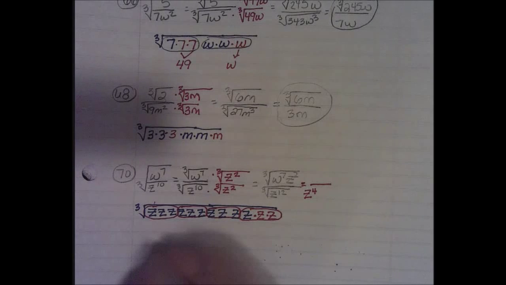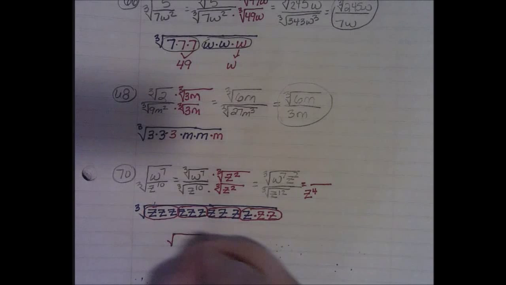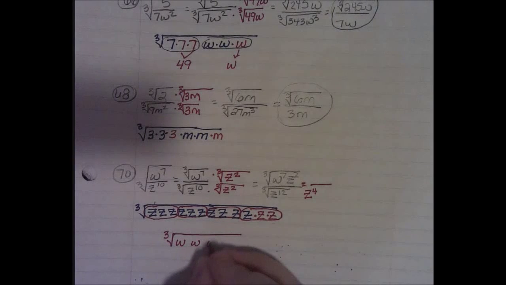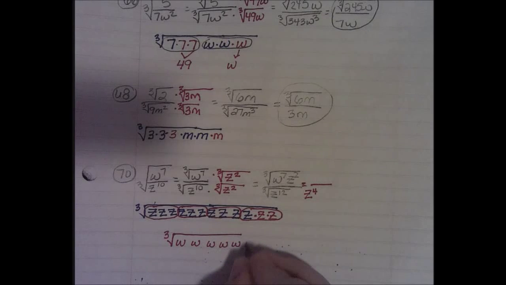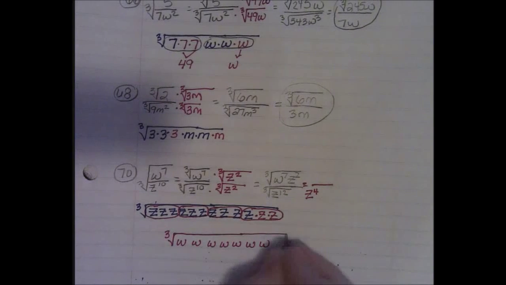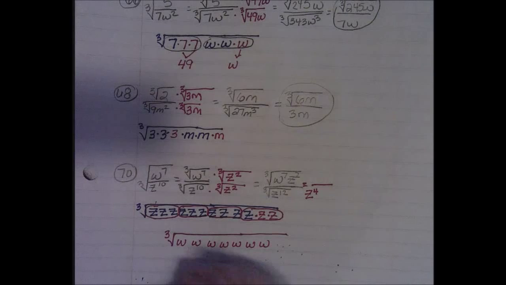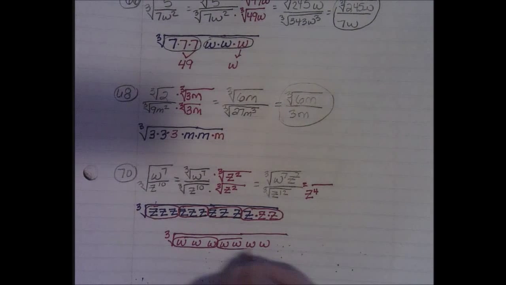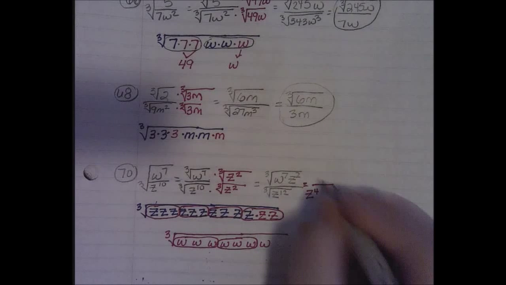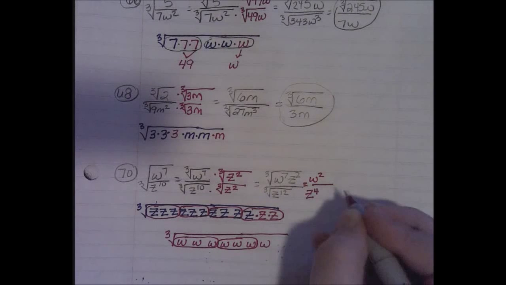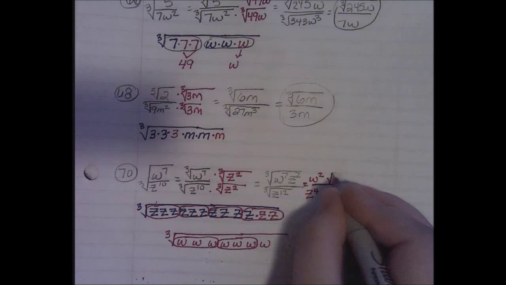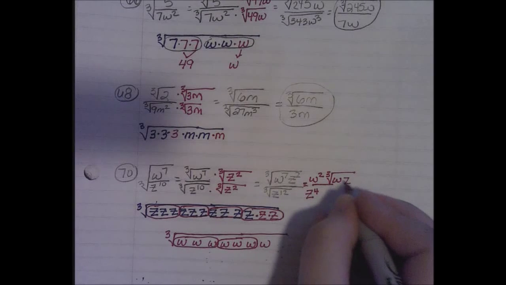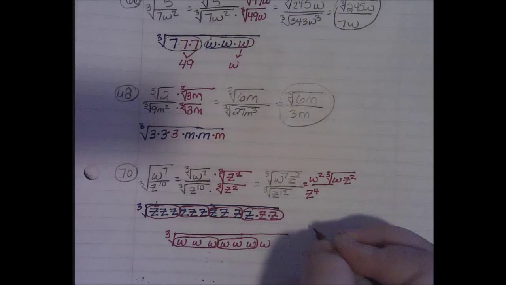I have 7 w's. I've just written w 7 times. And I can pull out one set here, one set here, which means that a w squared will come out, and then I'm left with that last w inside, and then z squared stays inside.